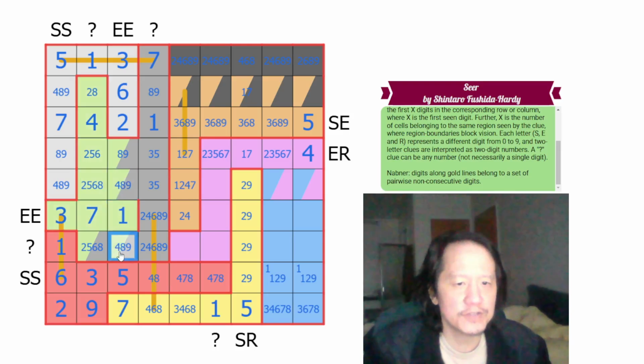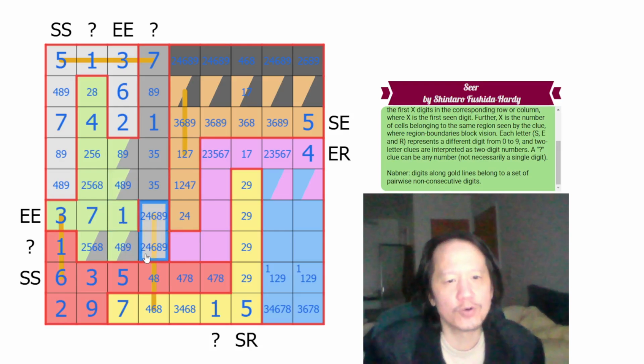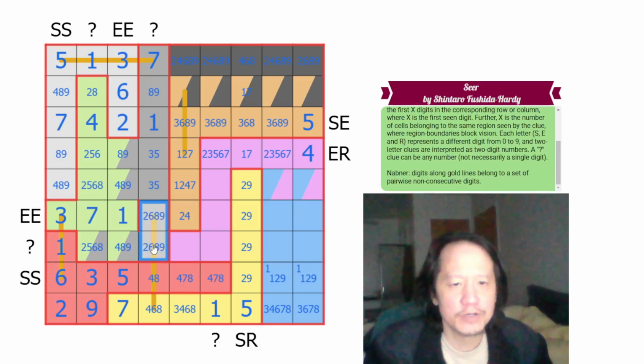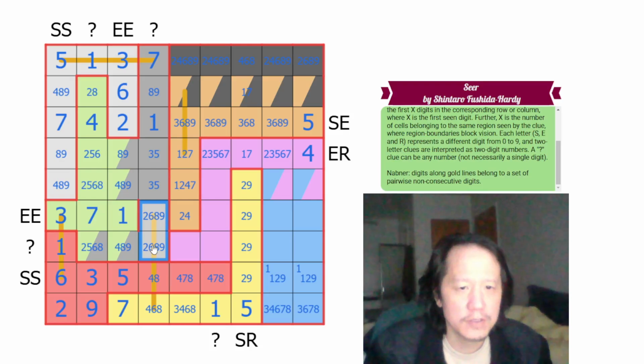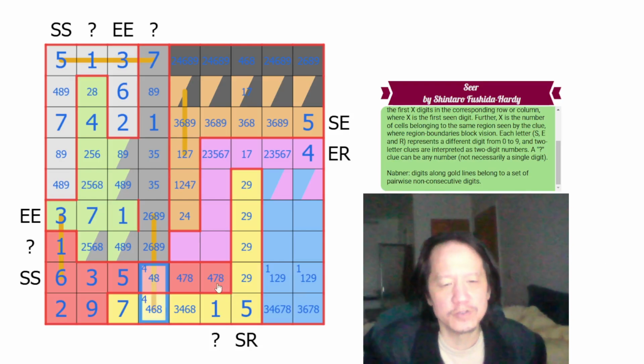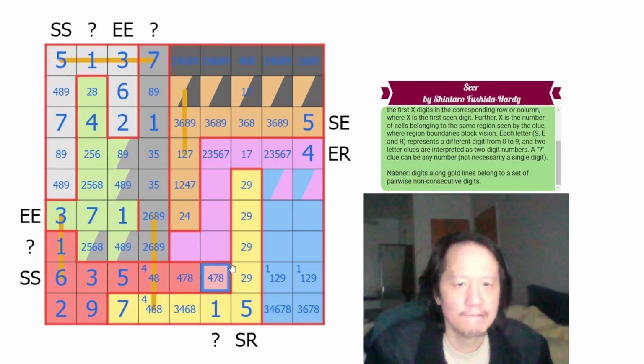Therefore, there is a 4 in one of these two, and it has to be then a gray, which means 4 cannot be in the gray here. So this can't be 4. We know there's a 2 here, and it could contain a 6, an 8, or a 9. So 4 has to be one of these two cells, but that doesn't really tell us much.